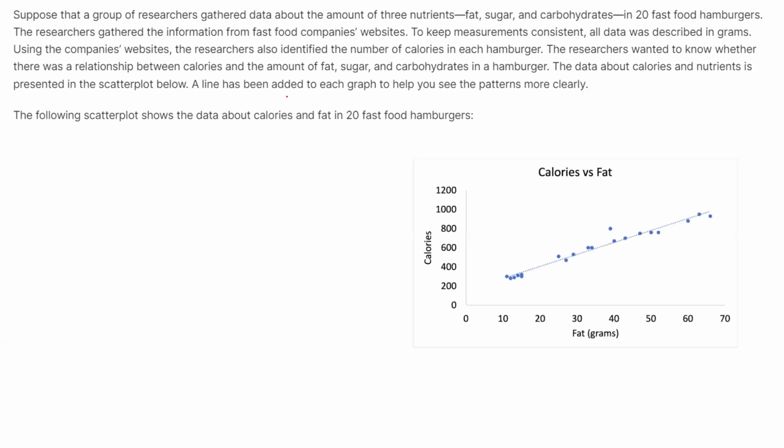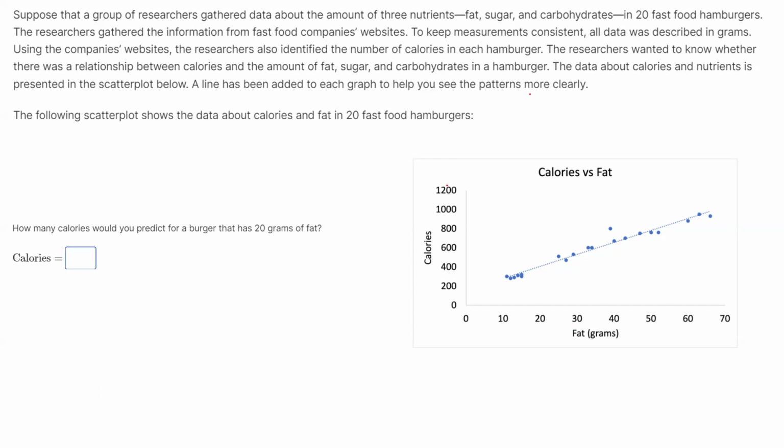A line has been added to each graph to help you see the patterns more clearly. Well, here we have a scatter plot. On the horizontal axis, we have fat in grams, and on the vertical axis, you have calories. So, as you can see, as the amount of fat increases, the calories increase as well.